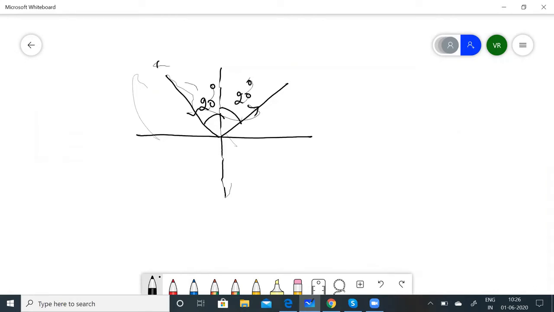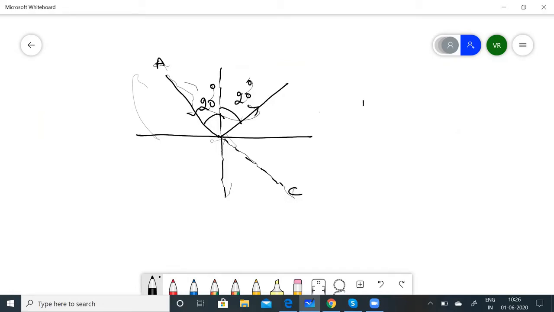Let this be A. Had it not undergone reflection, it would have gone along this line AC. So the original path of light should have been AC if it had not undergone reflection. So the reflected ray is now deviated from its original path by, let us say, delta. So the whole angle is going to be 180.